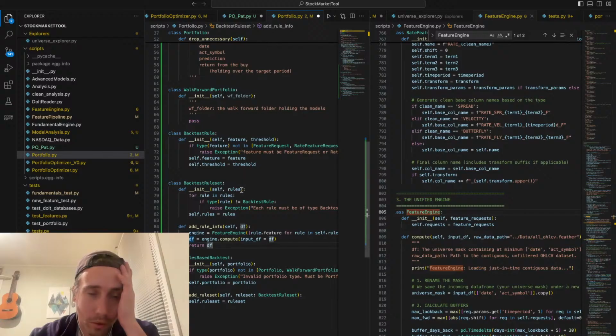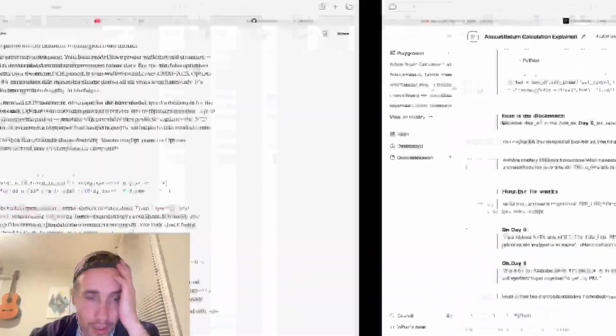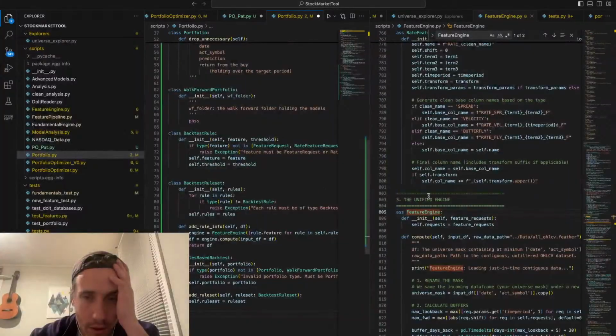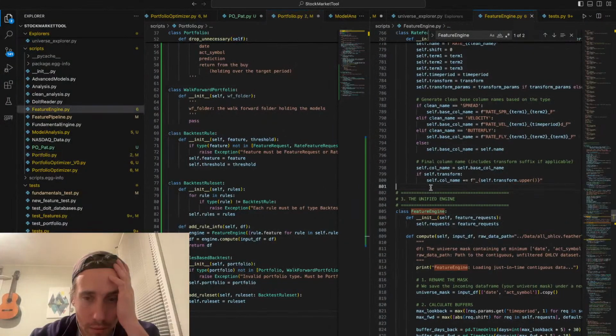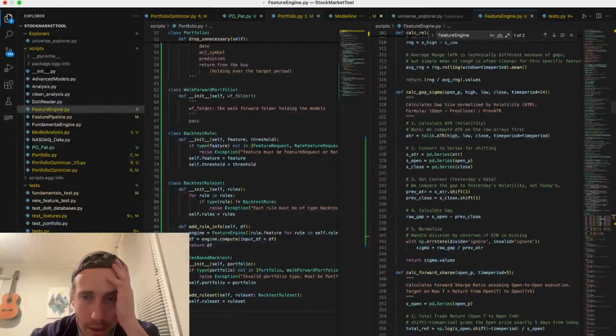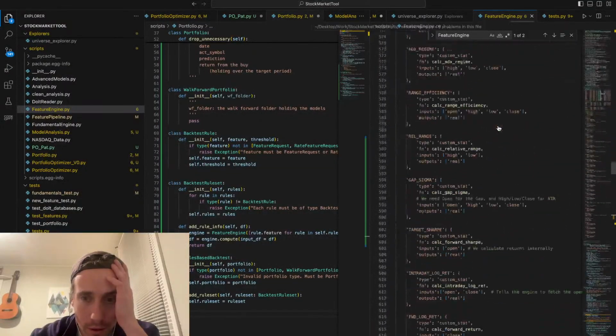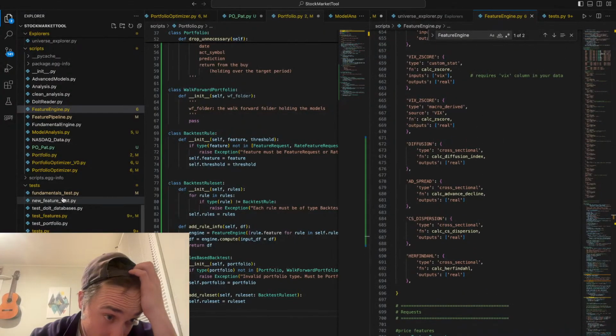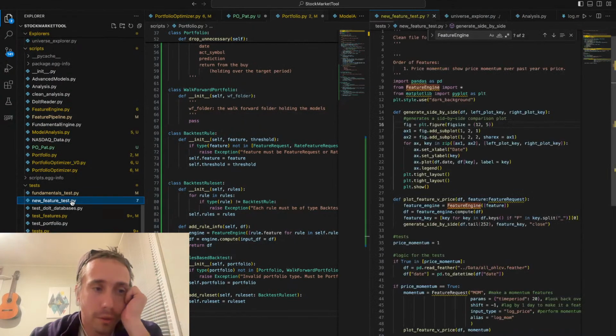Oh yeah, so each rule has a feature. So add rule set. I need to actually also look into this. So what did I add? My new features. I guess it's in tests. So new feature test.